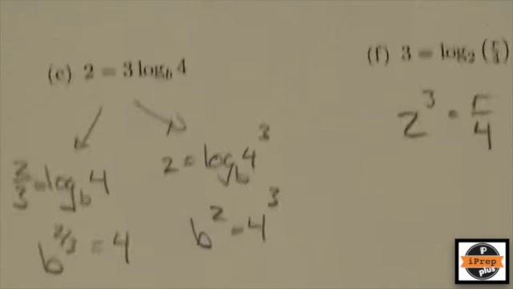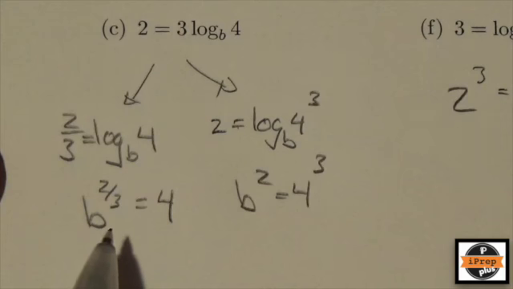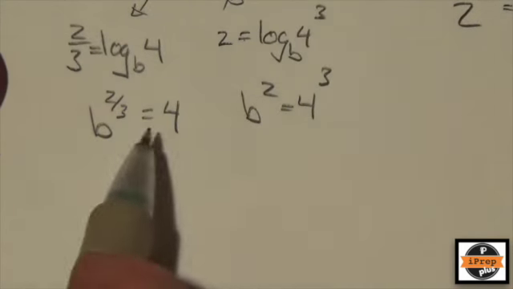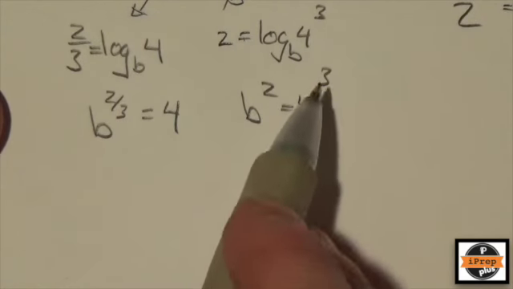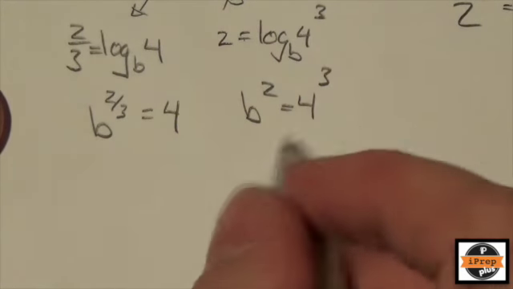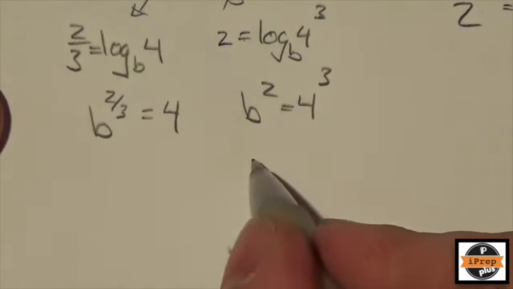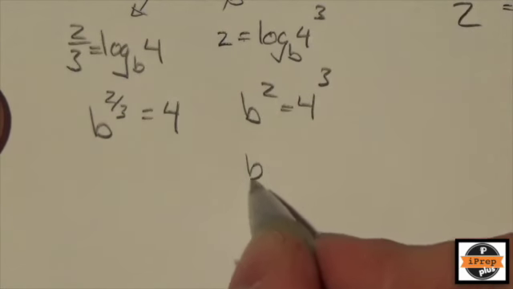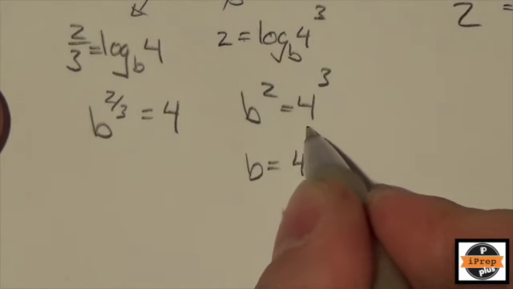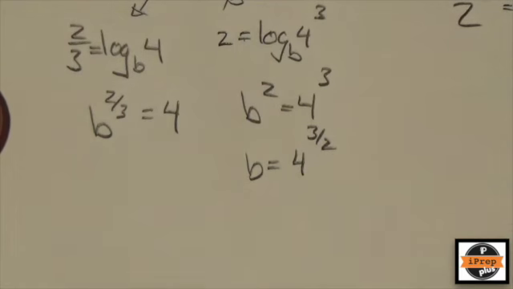For C, if b to the 2/3 is equal to 4, you can even do it like this: b squared is equal to 4 cubed. This might be the easier one to work with. We might take the square root of both sides, so b is equal to 4 to the 3/2.